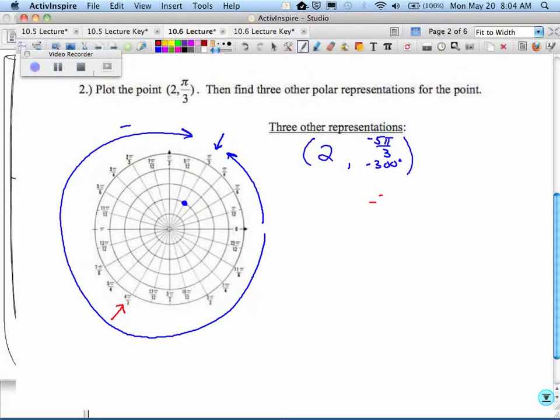So if I go in the negative direction to here, what r value do we have to use? We have to flip to the other side of the pole, and we'd say -2.